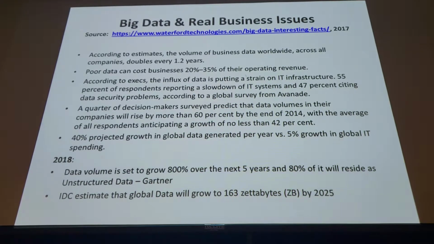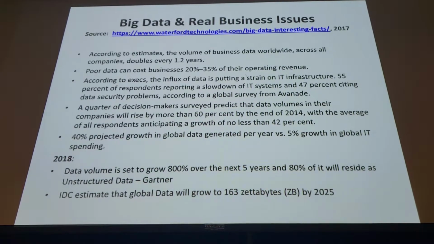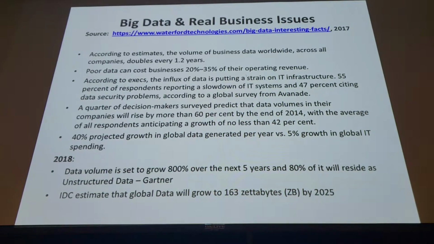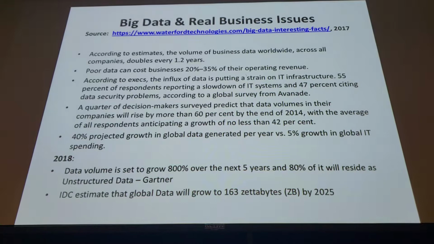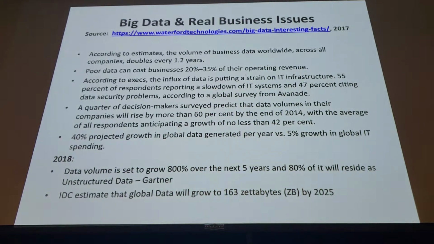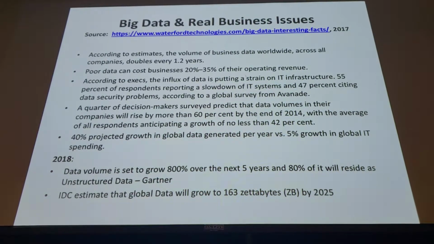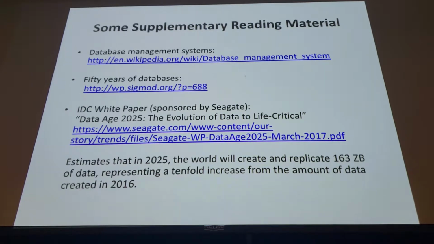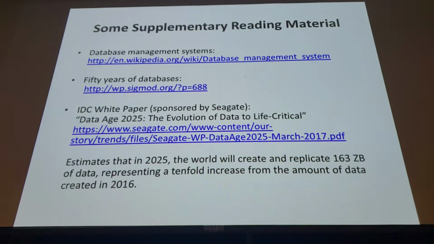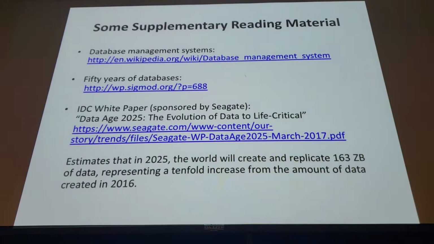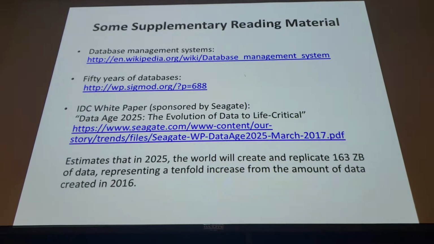And another analyst firm, IDC, estimates that by 2025, this will be 163 zettabytes. This, of course, is not counting the NSA. There are all sorts of things out there that talk about what's happening with respect to data. And again, I'm repeating this point about zettabytes, which was on the earlier slide.